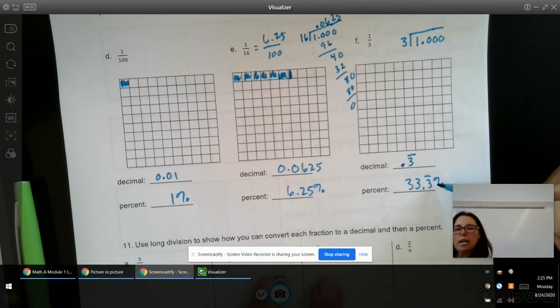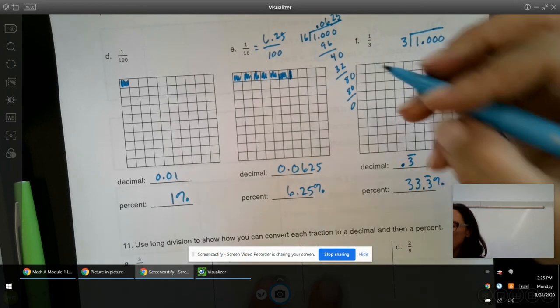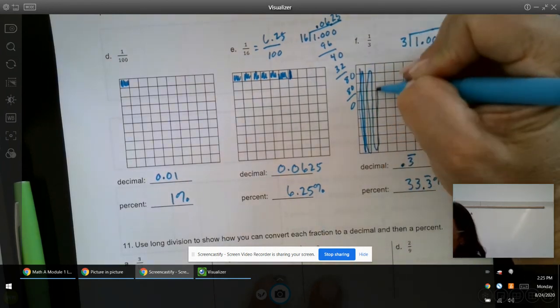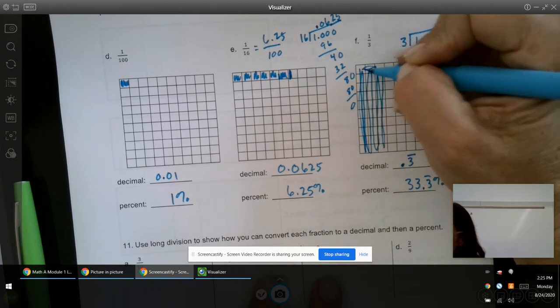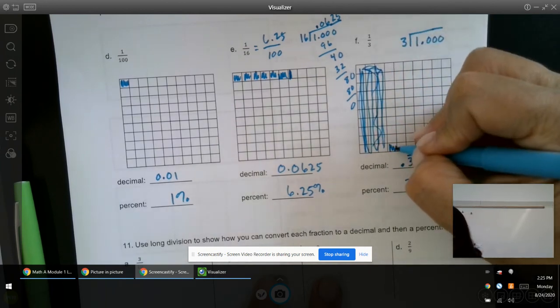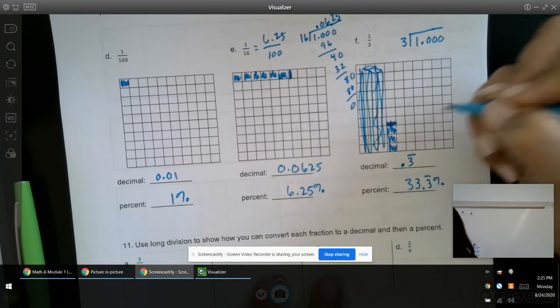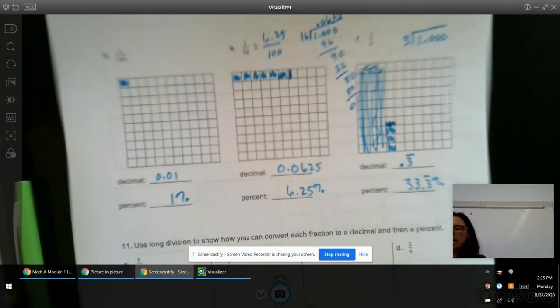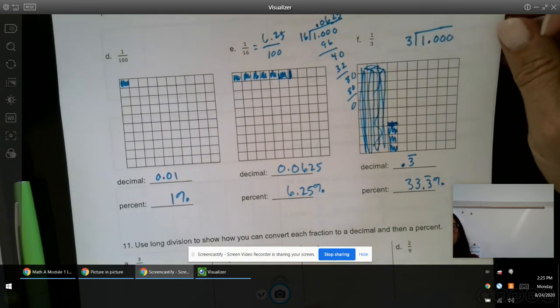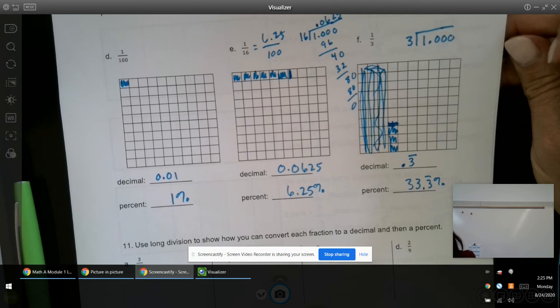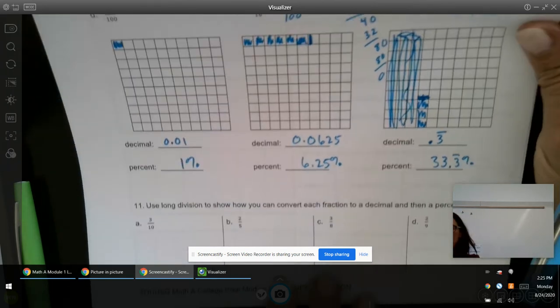So I'm going to be shading in 33 and 1/3 of a 34th square. So here's 10, here's 20, here's 30, and then I've got 1, 2, 3, and 1/3 of the next square. All right, so that's 10 by 10 grids going backwards and forwards. Given fractions, shade; given shading, give a fraction.